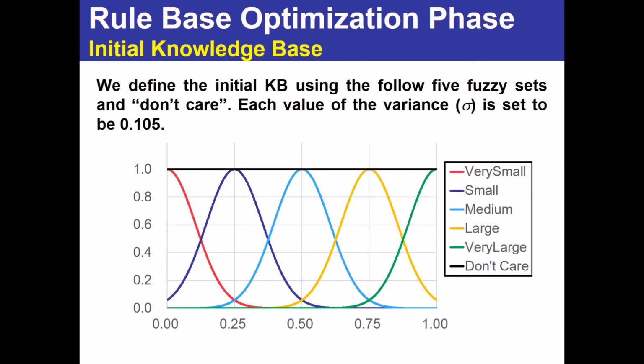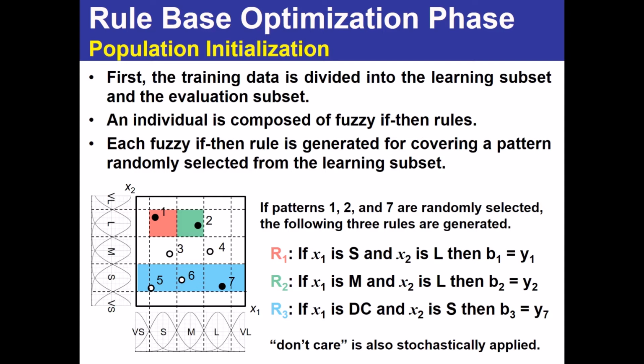Okay, let me explain the rule-base optimization phase. This is our initial knowledge base. An initial population is generated using this predefined knowledge base. Before starting the evolutionary process, we divide the training data into the learning subset and the evaluation subset.